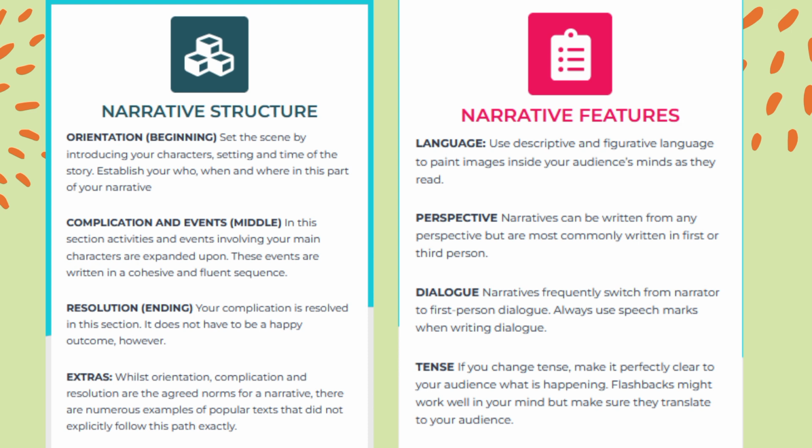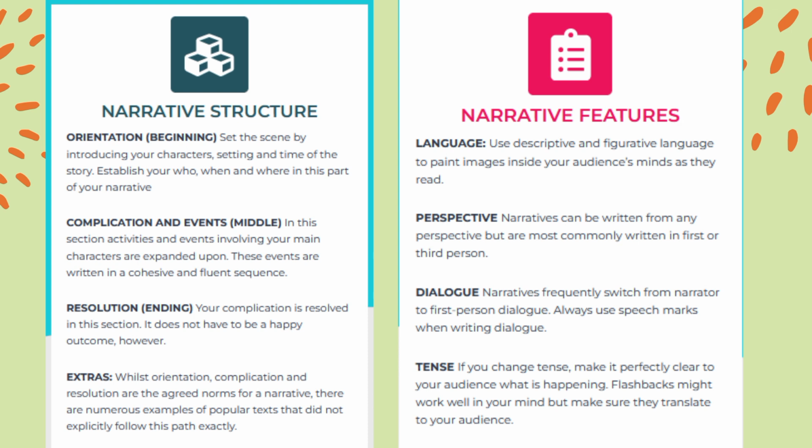The next one is the narrative features. In language, use descriptive and figurative language to paint images inside your audience's mind as they read. As for perspective, a narrative can be written from any perspective but is most commonly written in the first or third person.